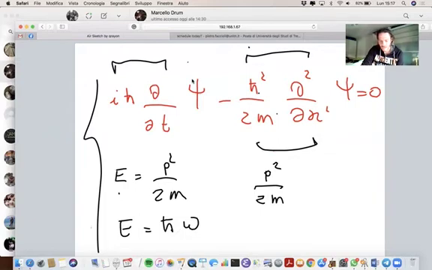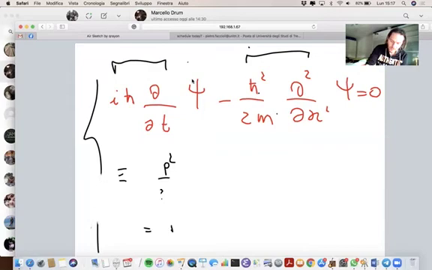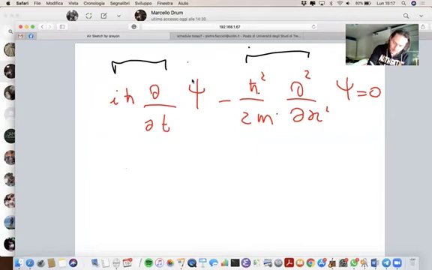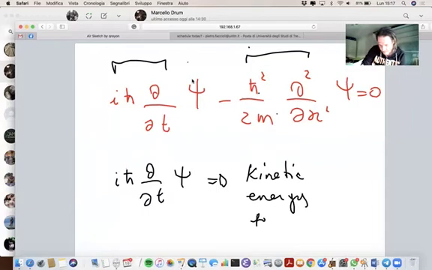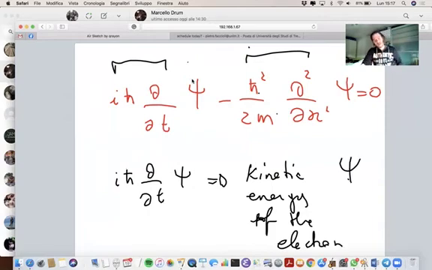So what this equation is telling you is that if you take the Dirac constant multiplied by i and take the time derivative of the wave function, what you get out is basically related to the kinetic energy of the electron, multiplied by psi.